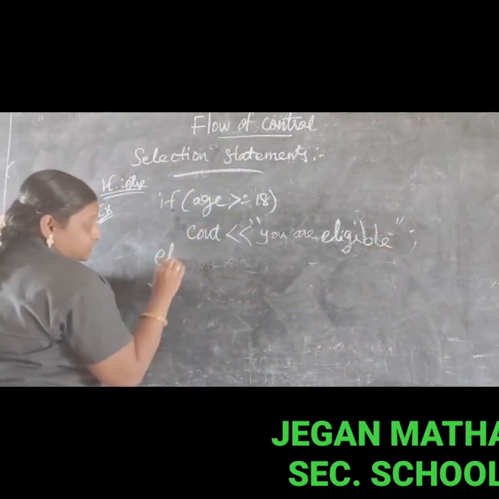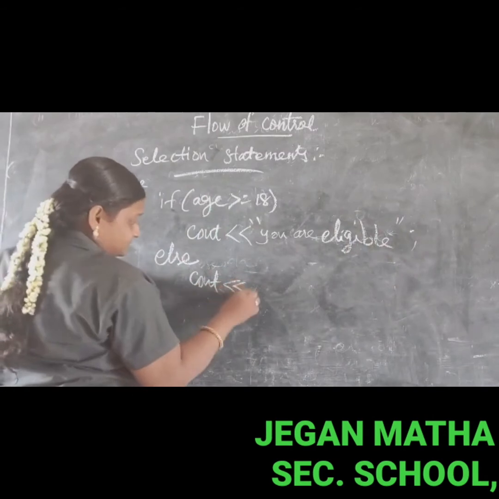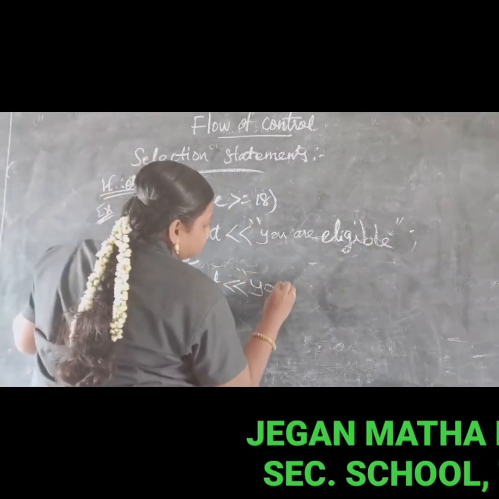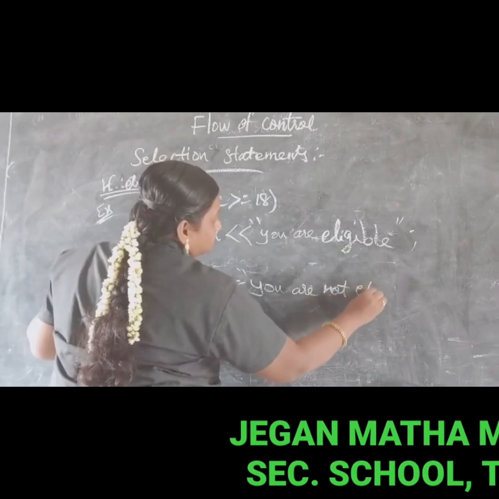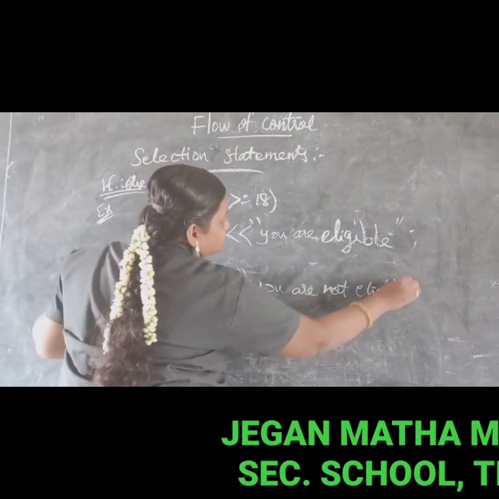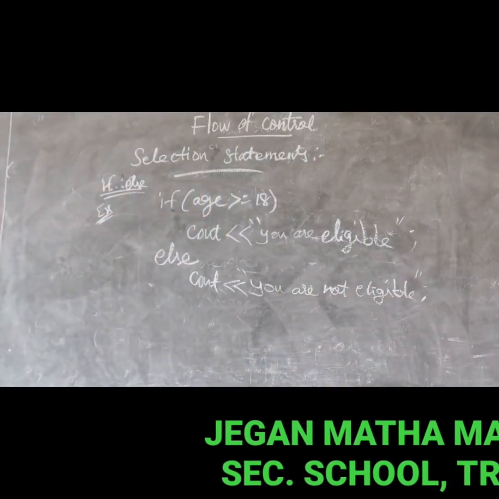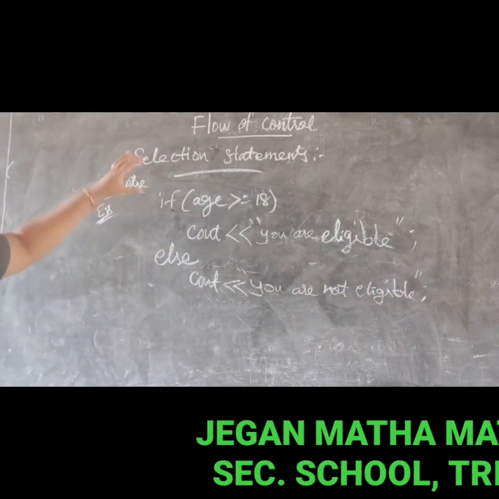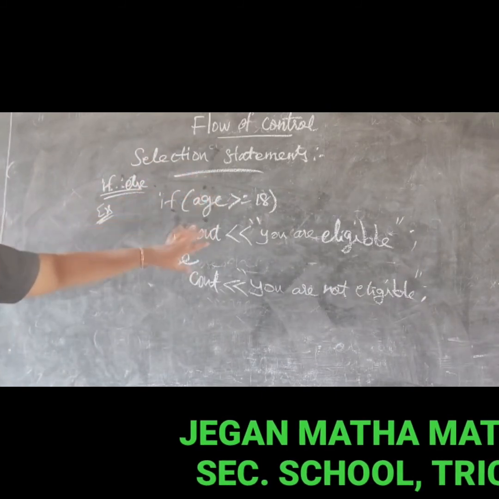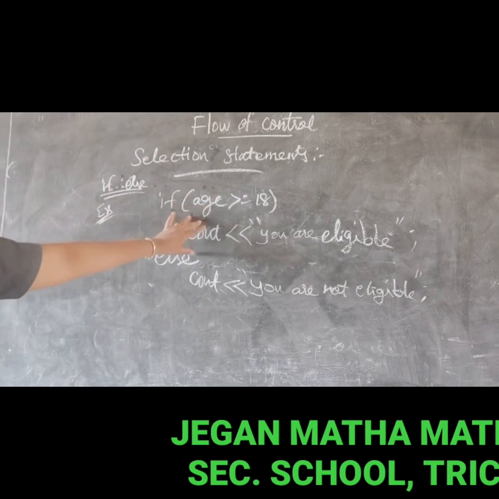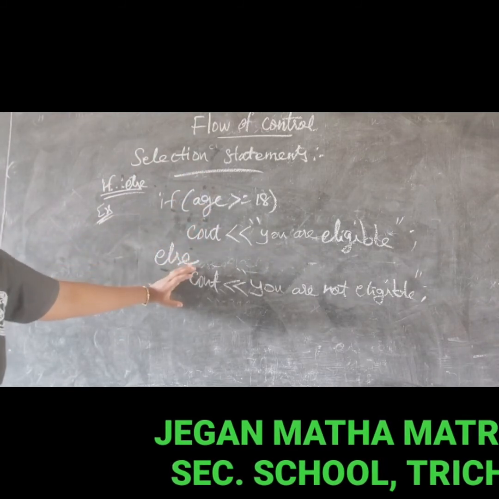Else, the other part, cout you are not eligible. So this is an example program for the if-else statement. If the given condition is true, it executes the true block, that is, you are eligible. If the condition is false, it executes you are not eligible.